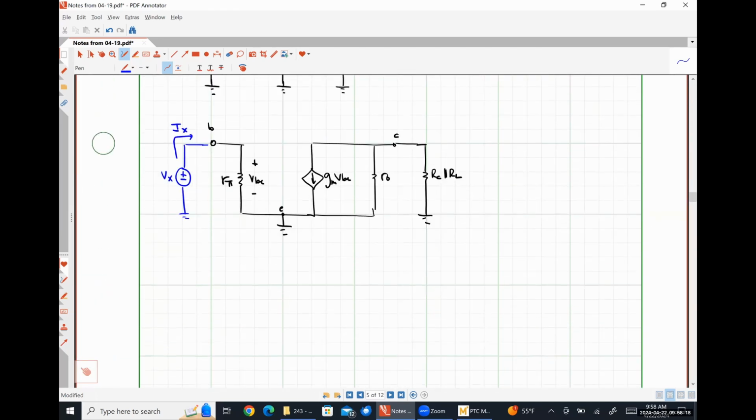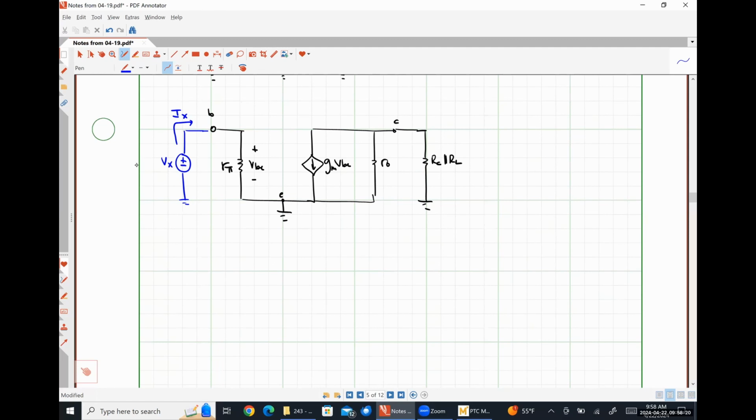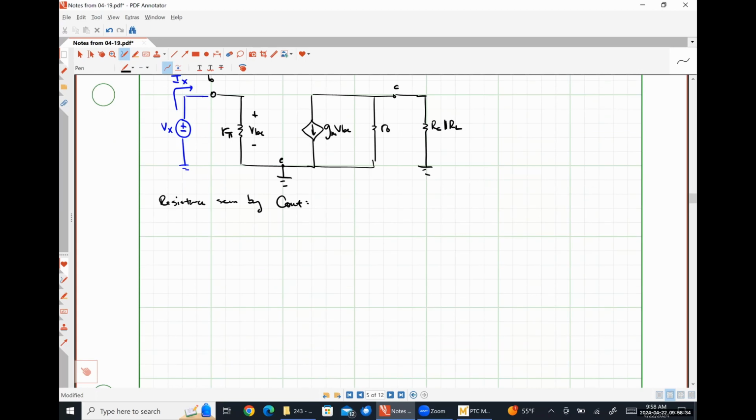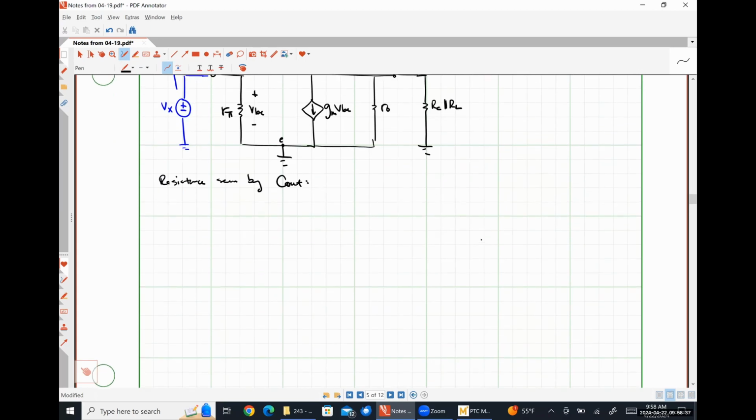So let's do another easy one. This will be the resistance seen by the out capacitor. So here's R sig.